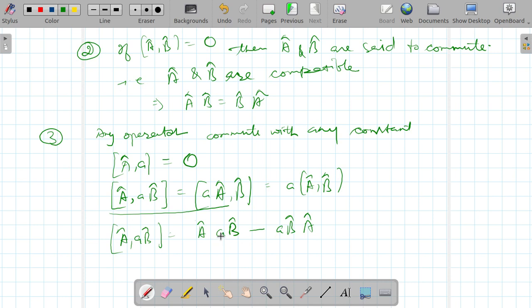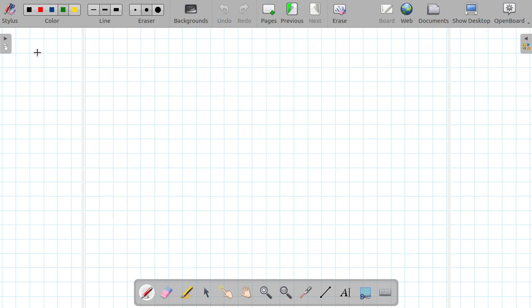Since A is the constant, it can be taken outside, so it is A times (AB minus BA). So hence I can prove this here also.